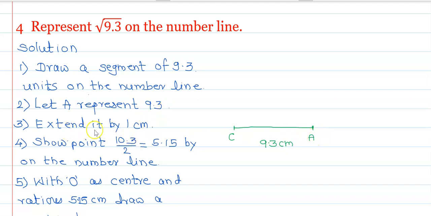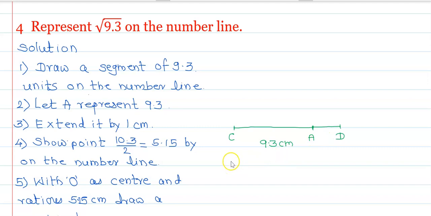Next, extend it by 1 centimeter. Now extend this up to the 1 centimeter, and suppose that the point is here, D point. Then take the midpoint of this total, that is at 10.3.